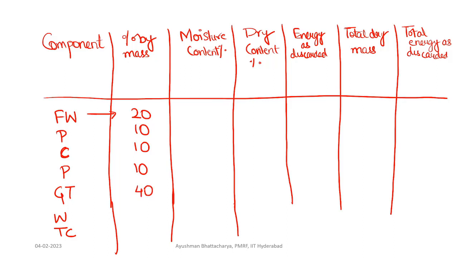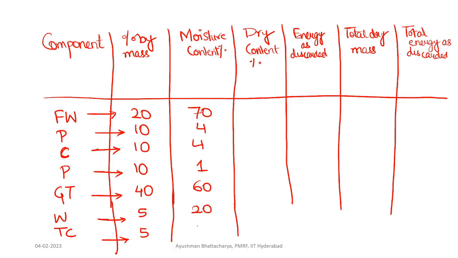Garden trimming is 40 and 5 and 5. And the moisture content is also given: 74, 4, 1, 60, 20 and 2. So now the dry content we have to calculate.